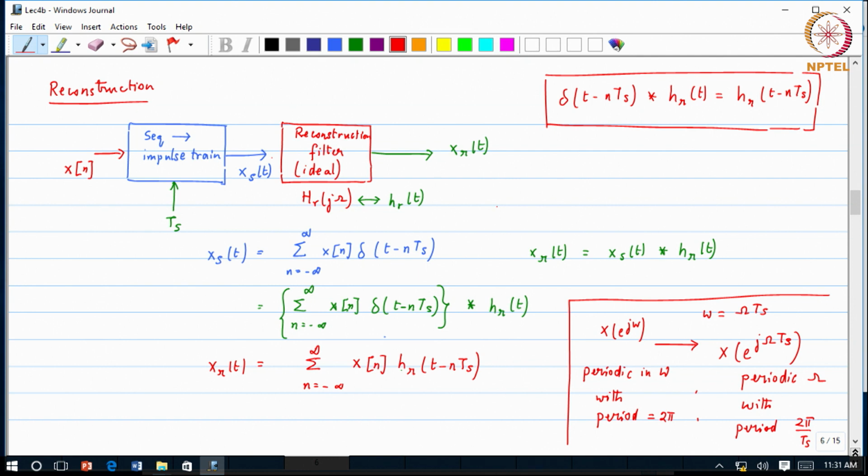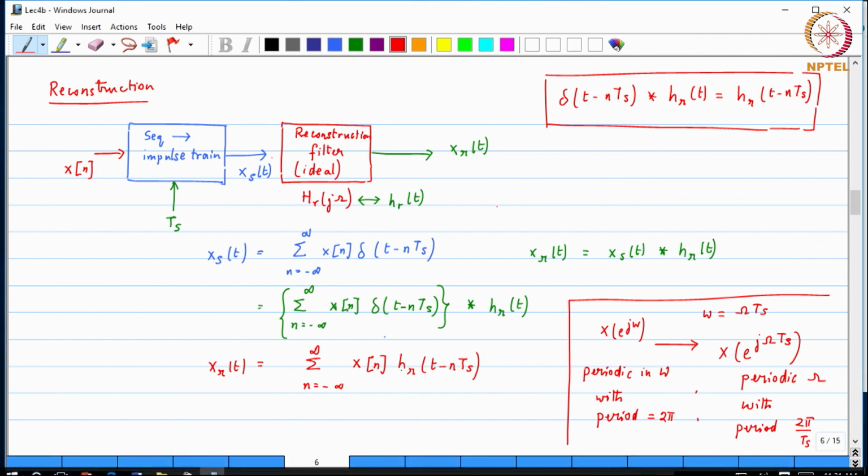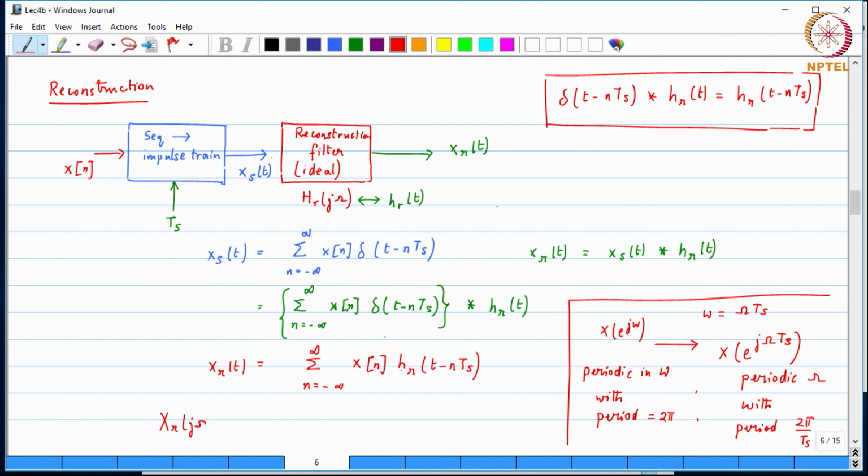The reason for this particular expression is as follows: Xr(jω), the reconstructed signal's spectrum, is the spectrum of the reconstruction filter Hr(jω) multiplied by the continuous time representation of the spectrum of x[n]. If there is no loss of information going from x[n] to xs(t), then I can write this as X(e^{jωTs}).